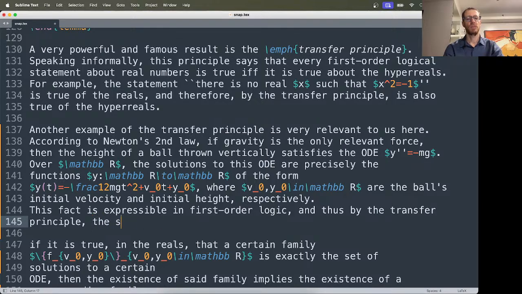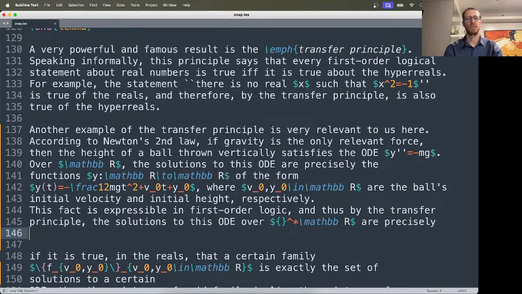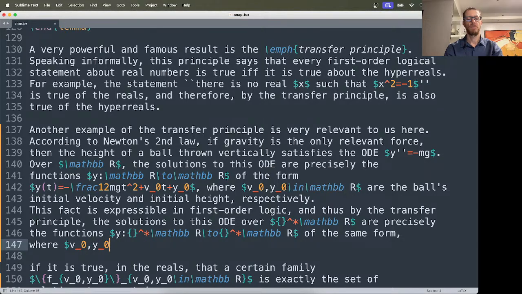we know that we can infer by the transfer principle that the solutions to this ODE over the hyperreals are precisely the functions y from hyperreals to hyperreals of the same form where v0, y0 are in the hyperreals.